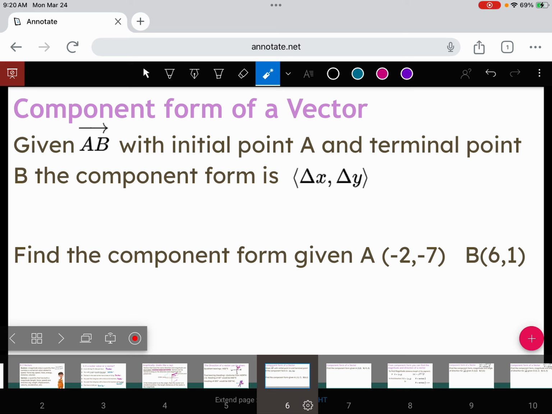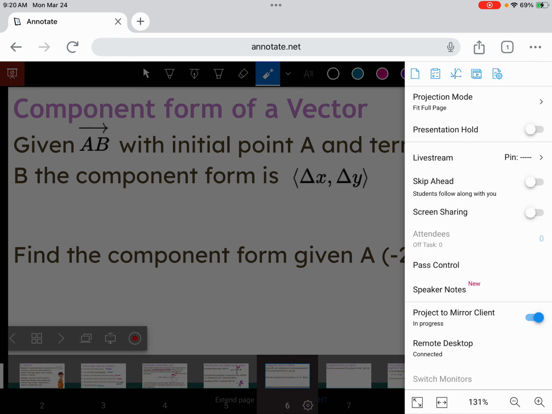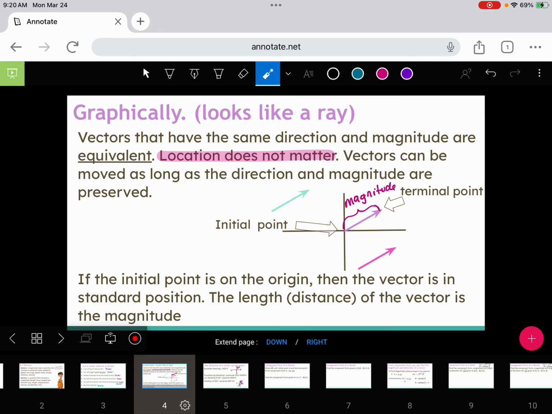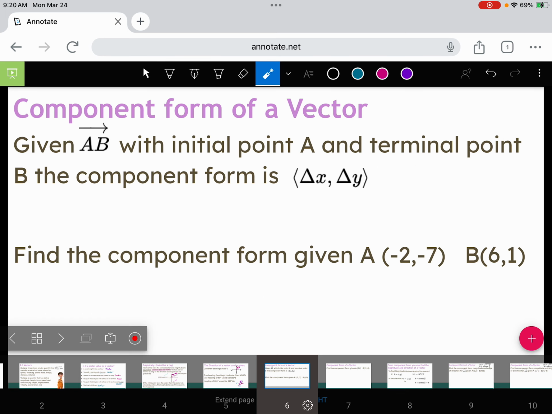So the component form of a vector is if we are given an array AB, where we have an initial point at A and a terminal point at B. Our component form, meaning if we put it into its home formation where it was at the origin, if we put it into its standard position, that was the word that was escaping my brain.